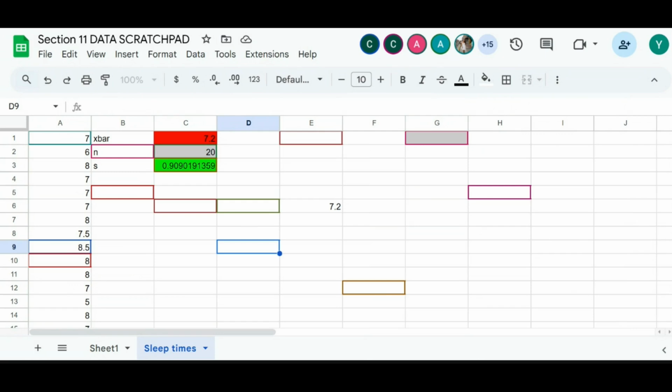Okay. I'm going to ask you a question. Can I dictate a status quo value of the mean that I want to test? In other words, can I say, I want to see whether in the long run you are sleeping a certain number of hours that the population sleeps on average?